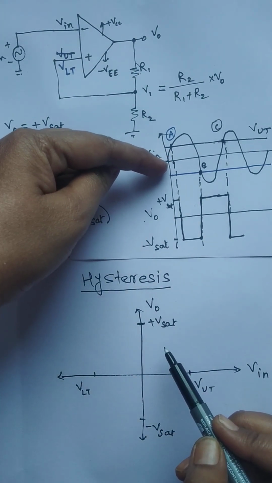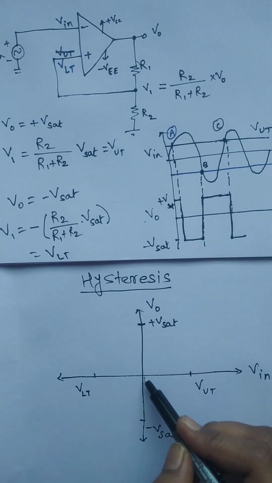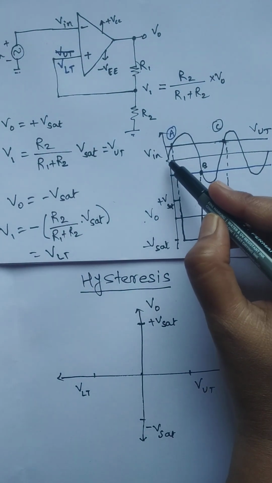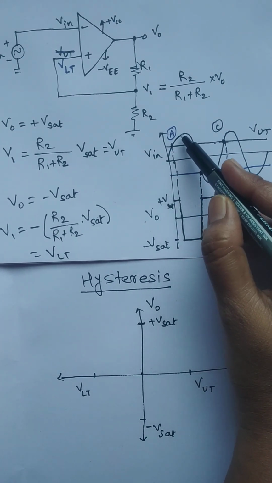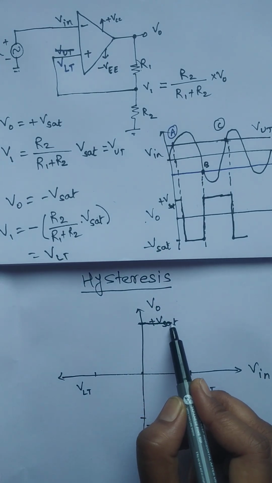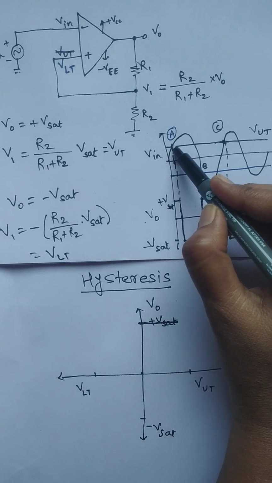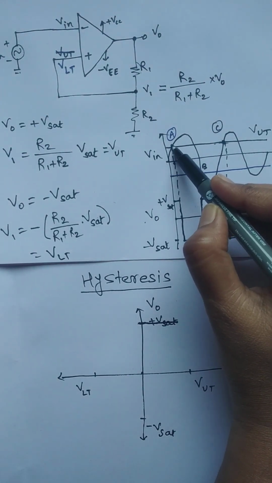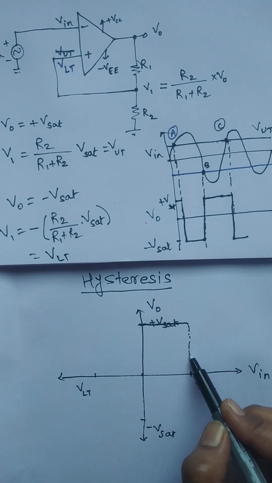Now V input is increasing. It is starting from 0, so my 0 point is here. From 0 onwards, V input is moving towards positive. Now as soon as it crosses VUT, it will reach up to the VUT point. This is my VUT voltage.